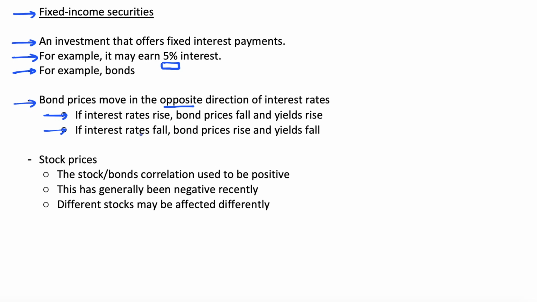So this is a key relationship to remember, that bond yields are not necessarily one-to-one, but they are correlated positively with interest rate changes, whereas bond prices will fall, and so they are correlated negatively with interest rates.